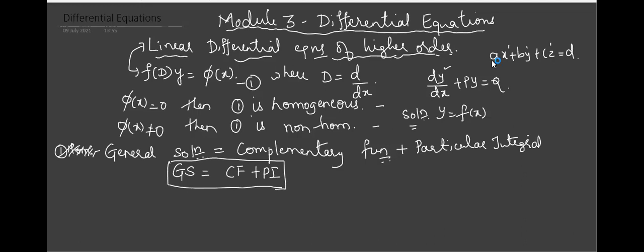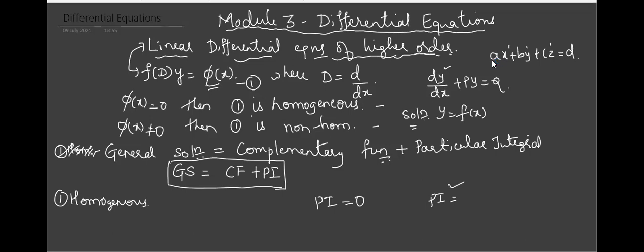Now you just remember that in the first case where it is homogeneous, PI is always 0, because PI depends on the RHS part. If the RHS part is other than 0, suppose phi of x means a function of x, it may be x, x square, sin x, cos x, like that, then PI exists.